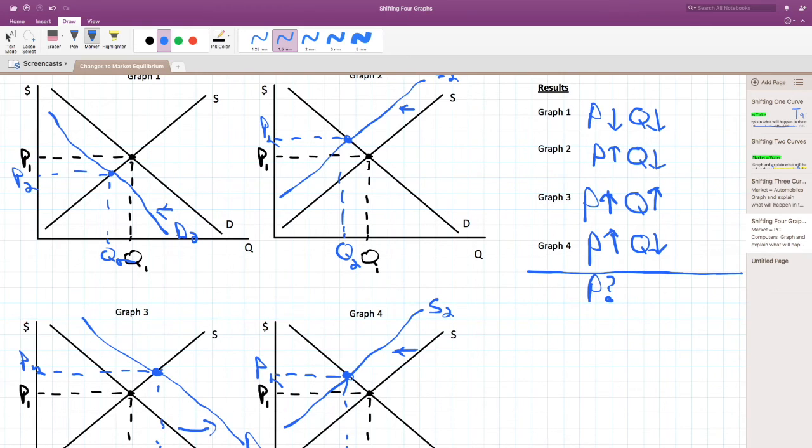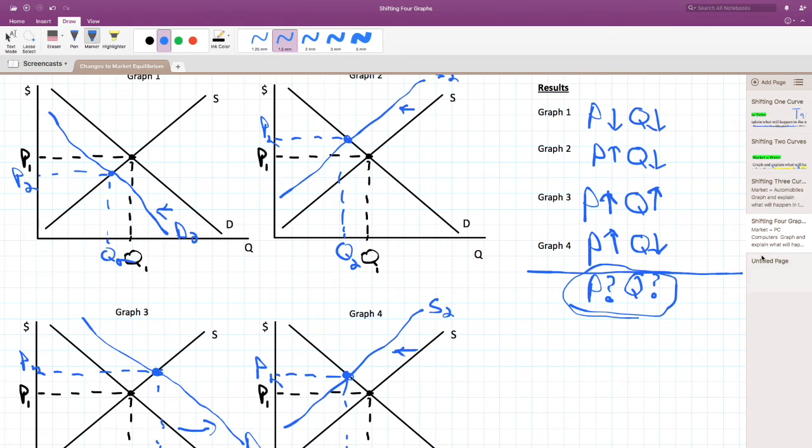In graph 1, price falls, quantity falls, quantity rises, quantity falls. Because they move in opposite directions here, the whole statement is ambiguous. My answer is going to be the question mark. So here, the effect on price is ambiguous and the effect on quantity is ambiguous. And that can be your answer sometimes.